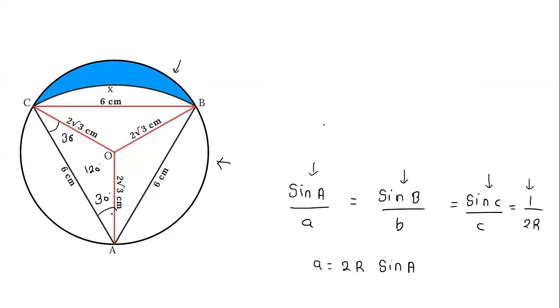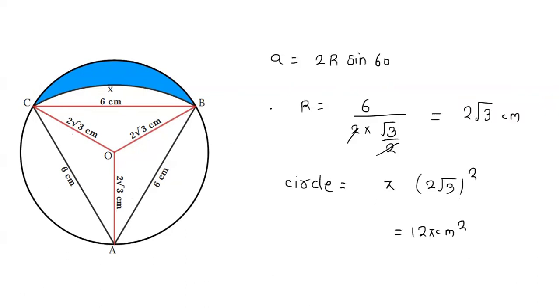We know the sides of the triangle are 6, 6 and 6, and the angles, we know, all three angles are 60 degree, because it is an equilateral triangle. So we can do this. a is equal to 2R sine A.